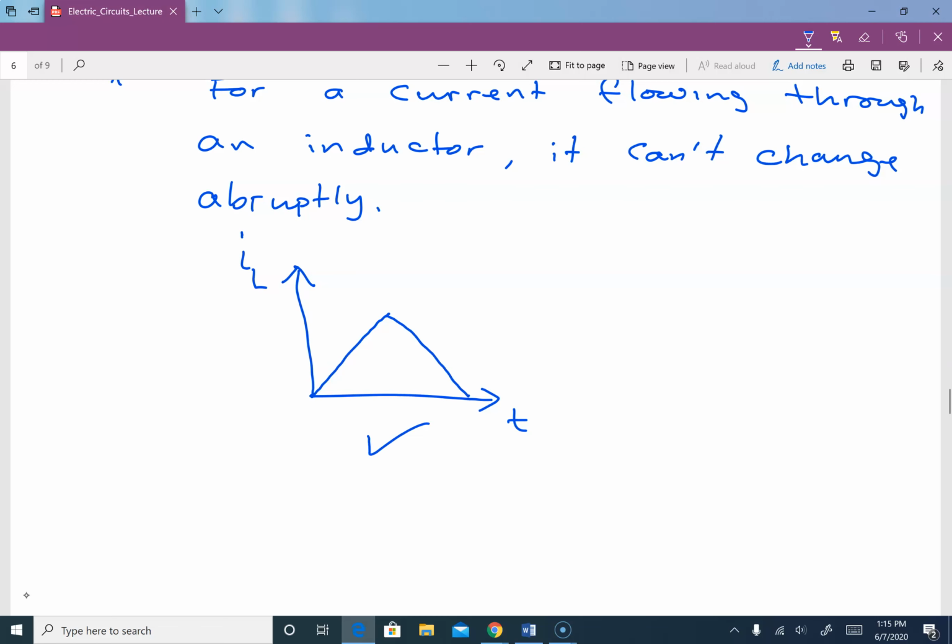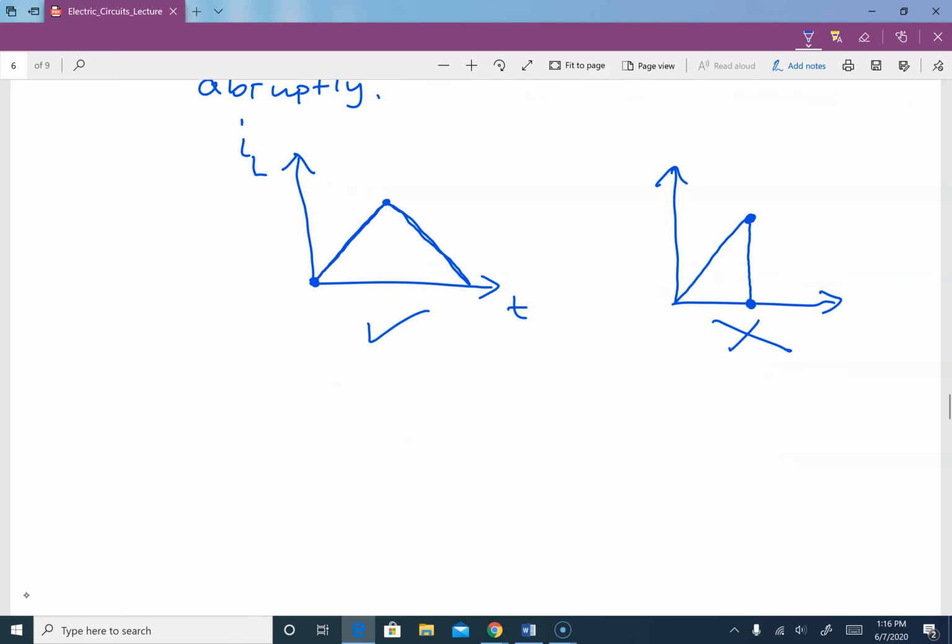This over here is okay because it takes time to go from one value to the other, and then it takes time to go from that value to here. So this is okay as a waveform. But here, we cannot say that it will increase that way and then go back to 0 from this point to this point. So it's going from a value to, for example, a 0 in no time. That is not allowed. That is not a behavior of inductor current.